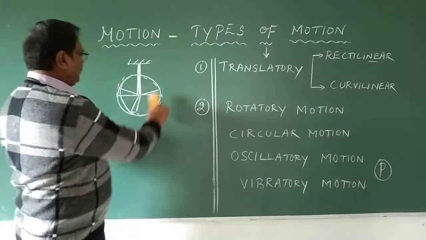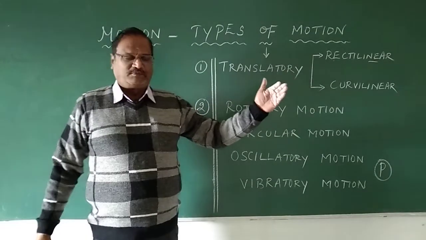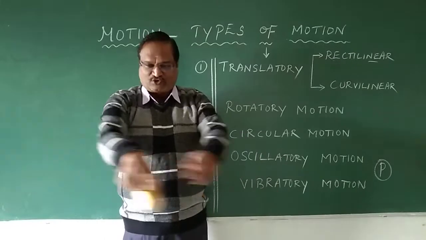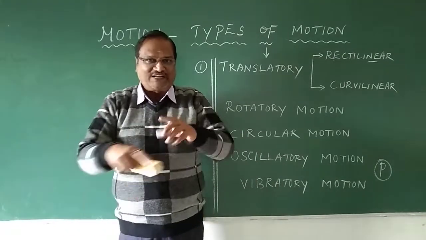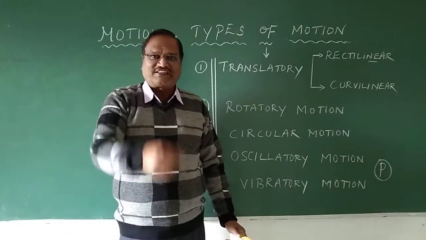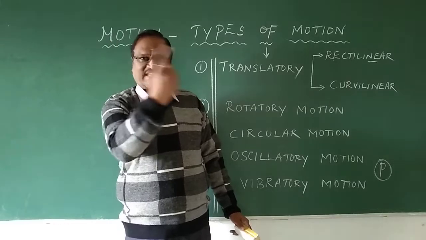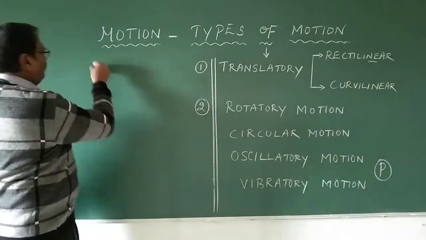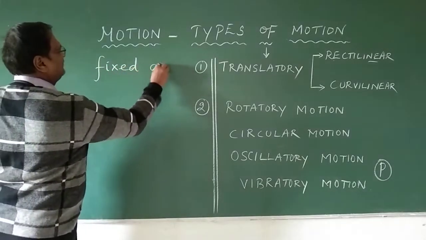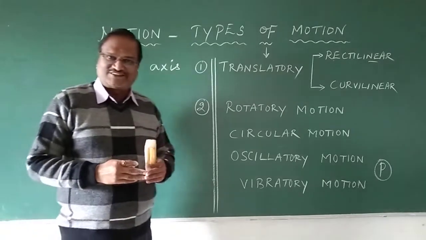And I will tell you another example. For example, when you go to play, you will find that there also you have a merry-go-round. There also you stand and it is rotating. There is a fixed axis and you go on rotating with respect to that axis, and a body which is moving around a fixed axis is in rotatory motion.